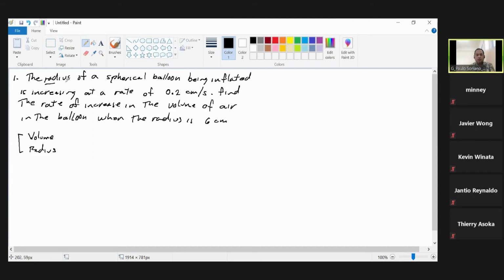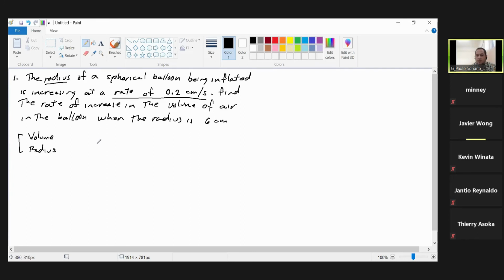The radius is being inflated at a rate of 0.2 centimeters per second. How are we going to notate this one? Anyone? Rate of change for radius.